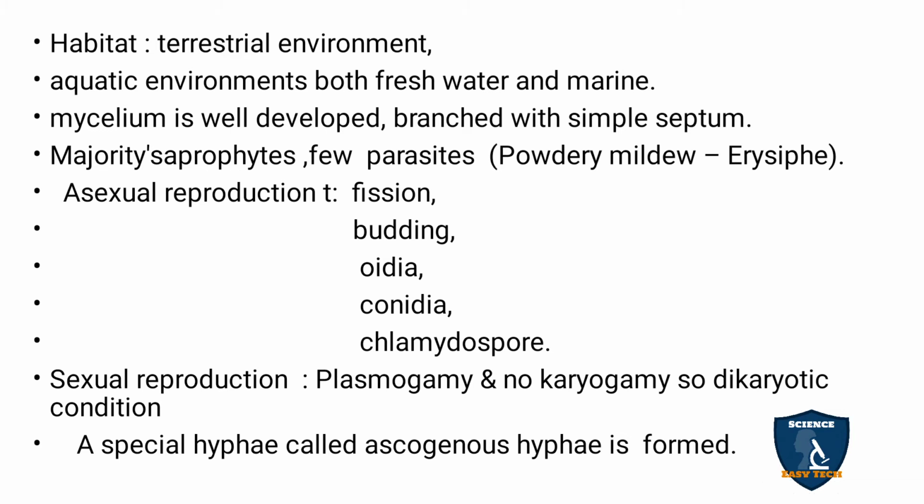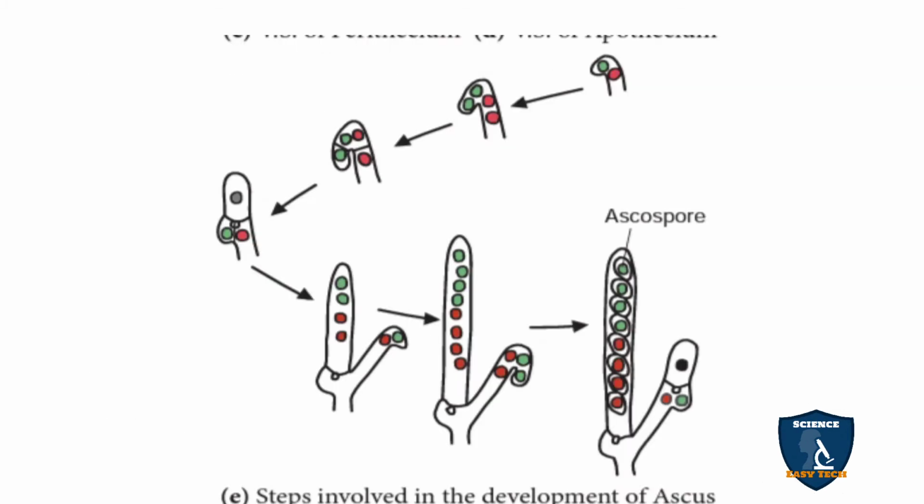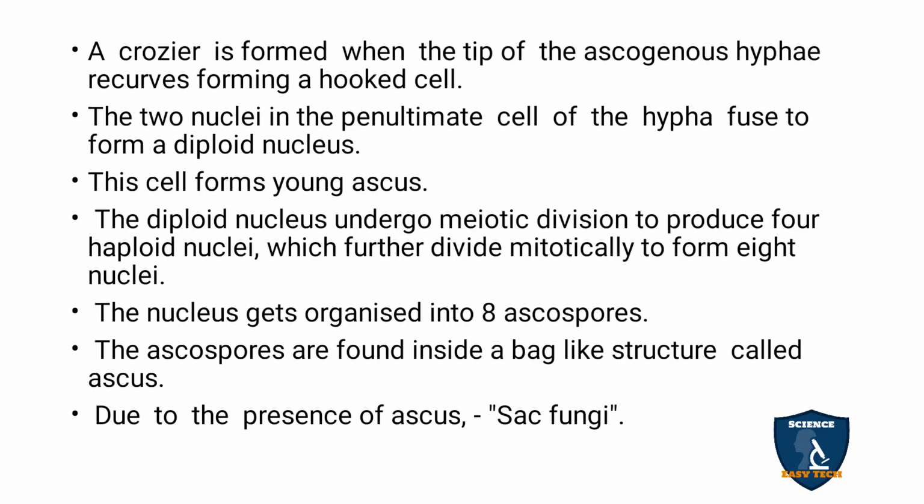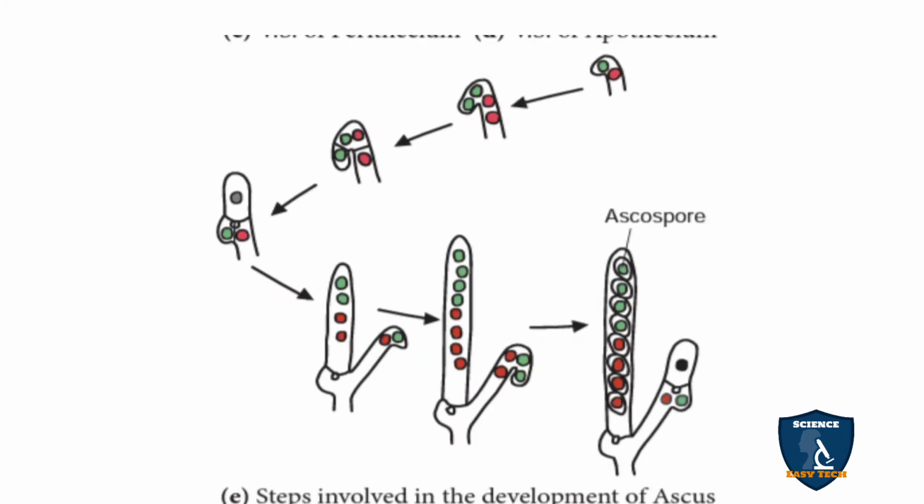A special hyphae called ascogenous hyphae is formed. A crozier is formed when the tip of the ascogenous hyphae is curved, forming a hook-like structure. You can see this is the ascogenous hyphae, and the tip is slightly curved.